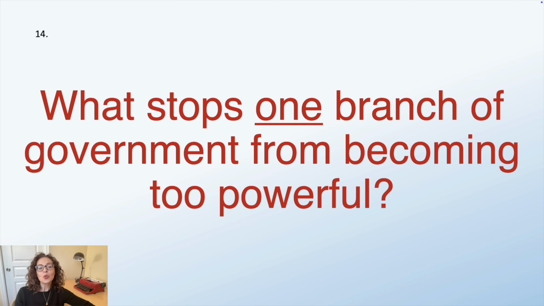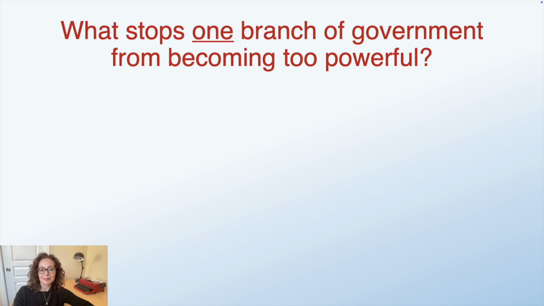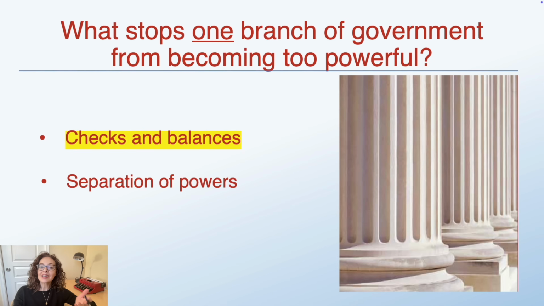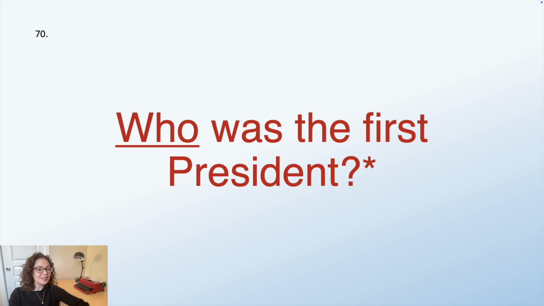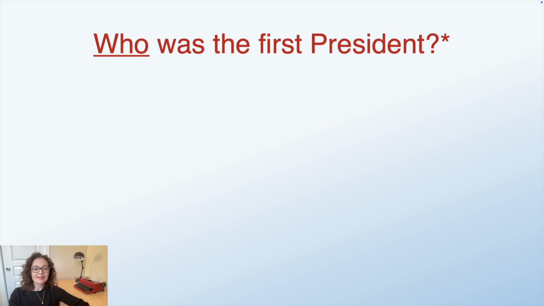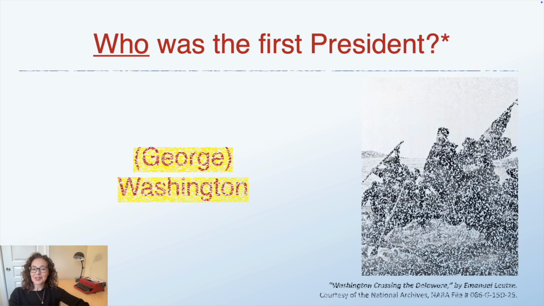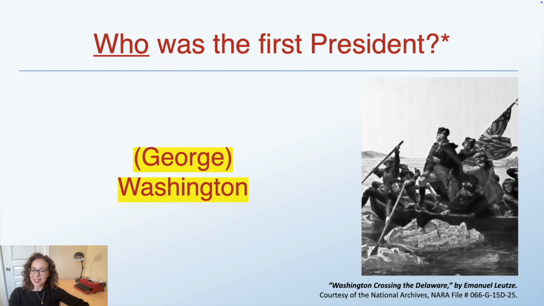What stops one branch of government from becoming too powerful? Checks and balances. Who was the first president? The first president was George Washington.